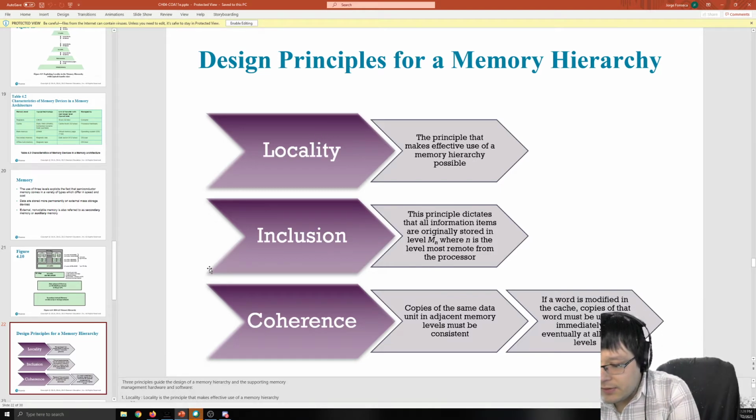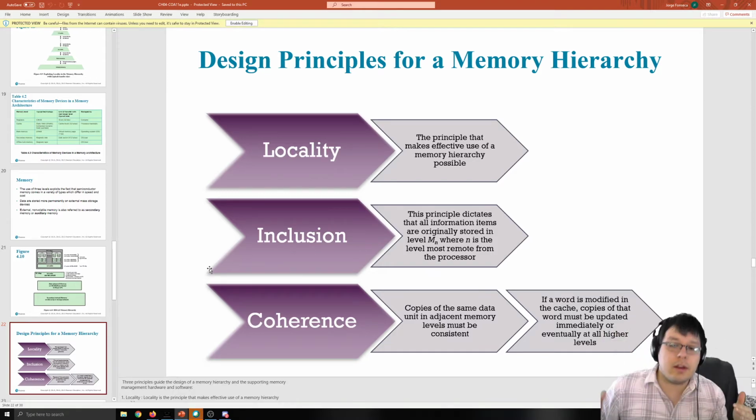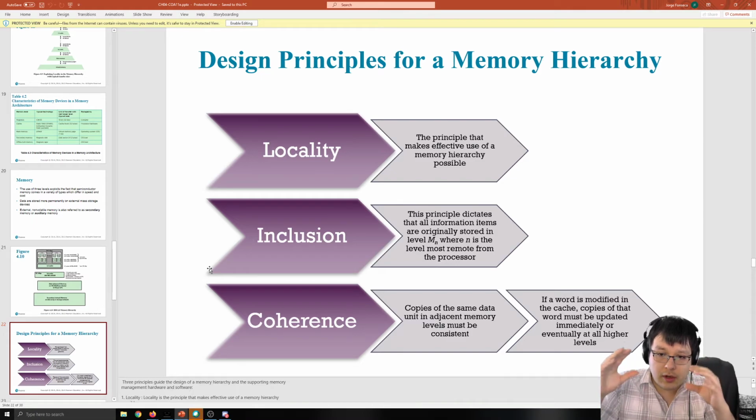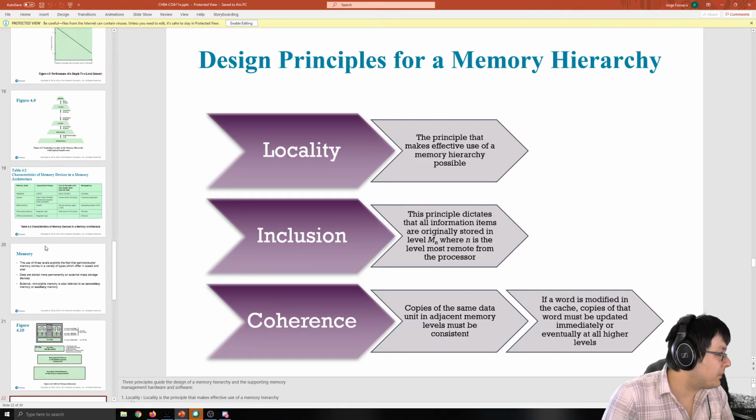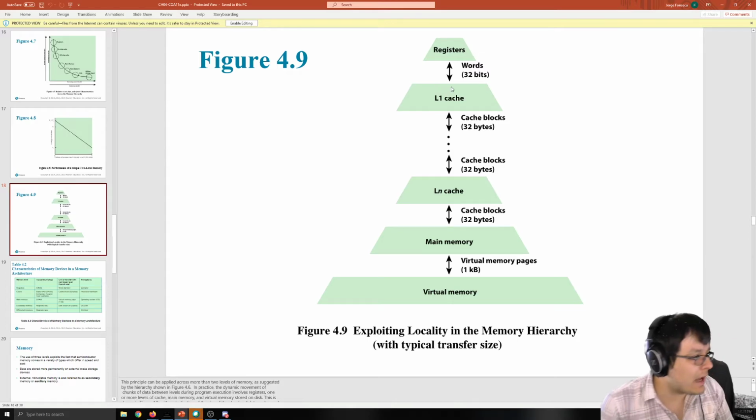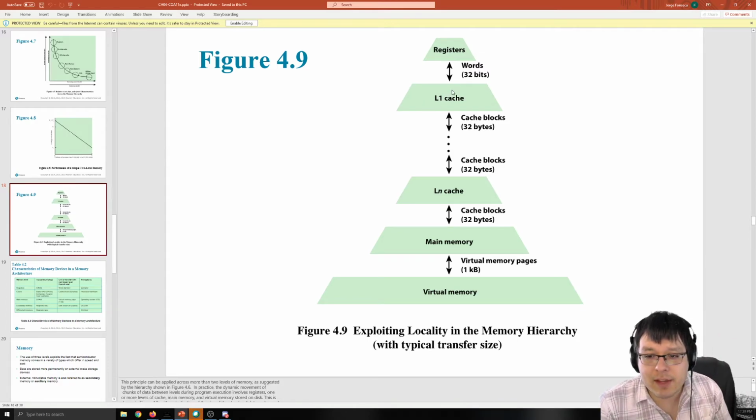But what this really means is that we're making a hierarchy and saying that any data that you store at a level up, so if I have some data here, I must have the same data beneath it.